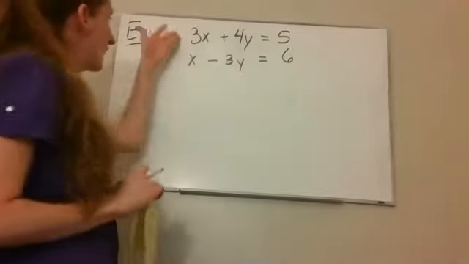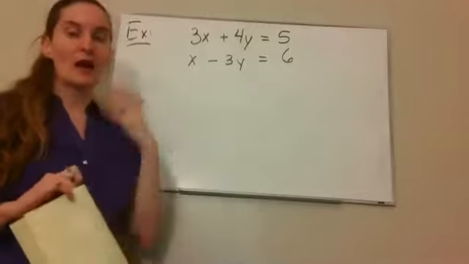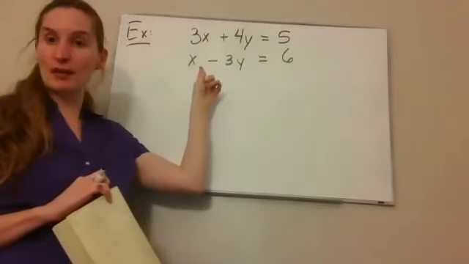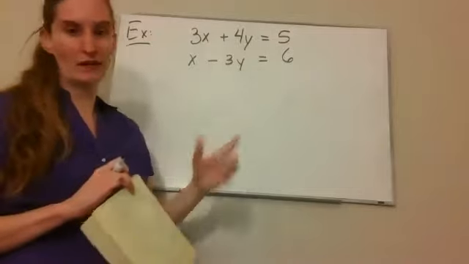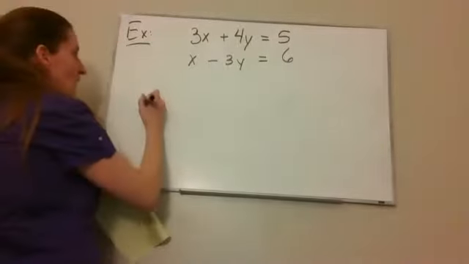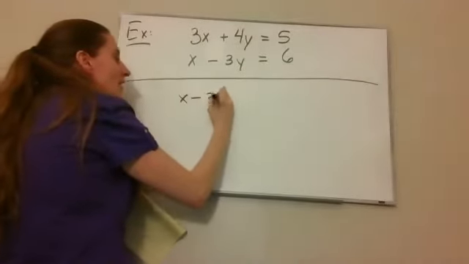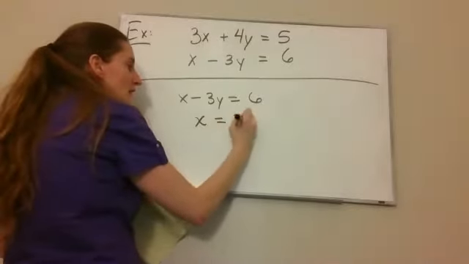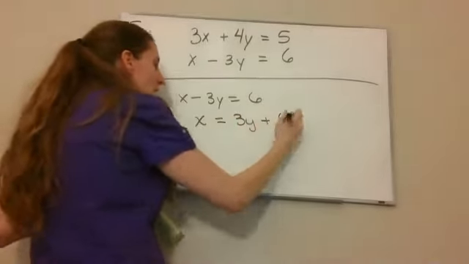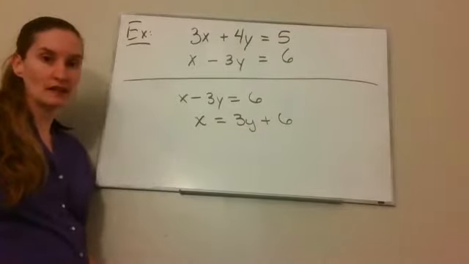So again, it does not matter which equation we start with. Choose the one that looks easier. I personally would choose the bottom equation and solve it for x, because I can do that with just one step. So let me take this x minus 3y equals 6 and solve it for x. And I will get x equals 3y plus 6.